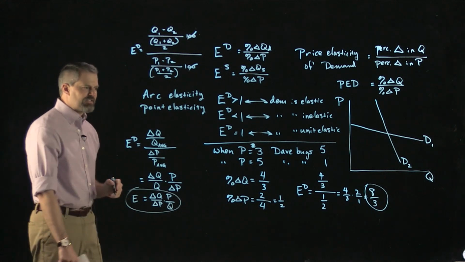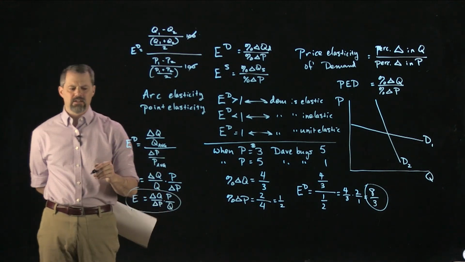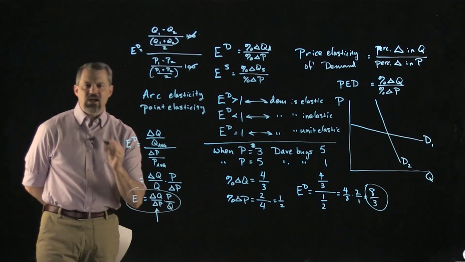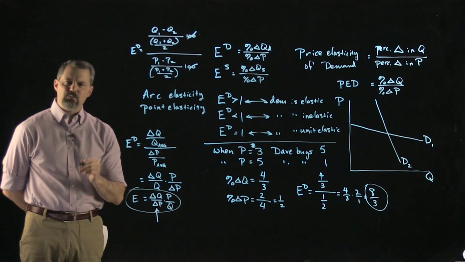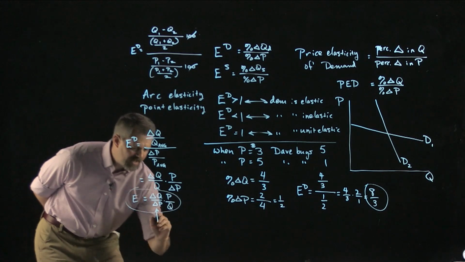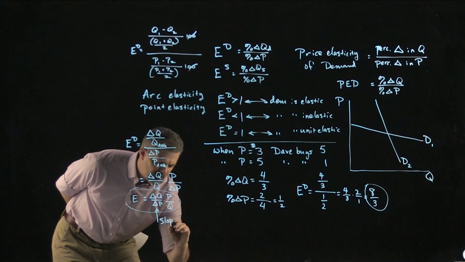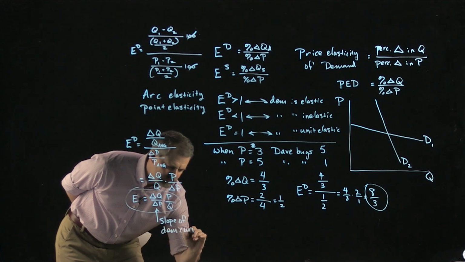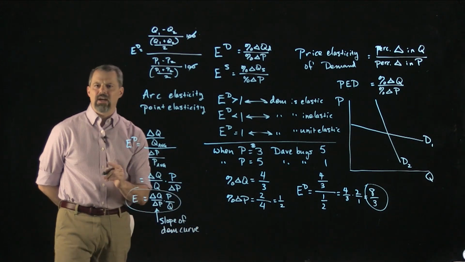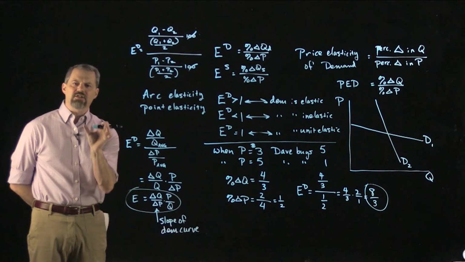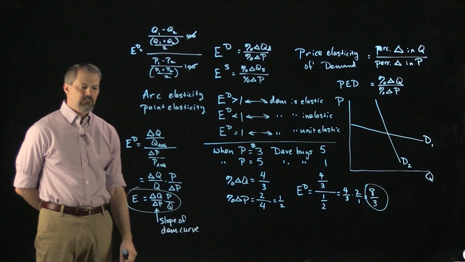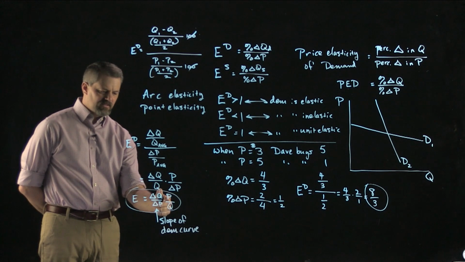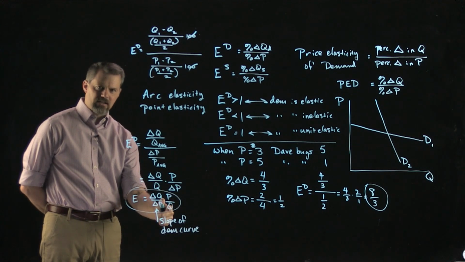Now here's why this is useful. This term right there, the change in quantity when you change price, is just the slope of the demand curve. It's just a number, and you can get it right from the function of the demand curve. And then this term is just a price and its associated quantity.